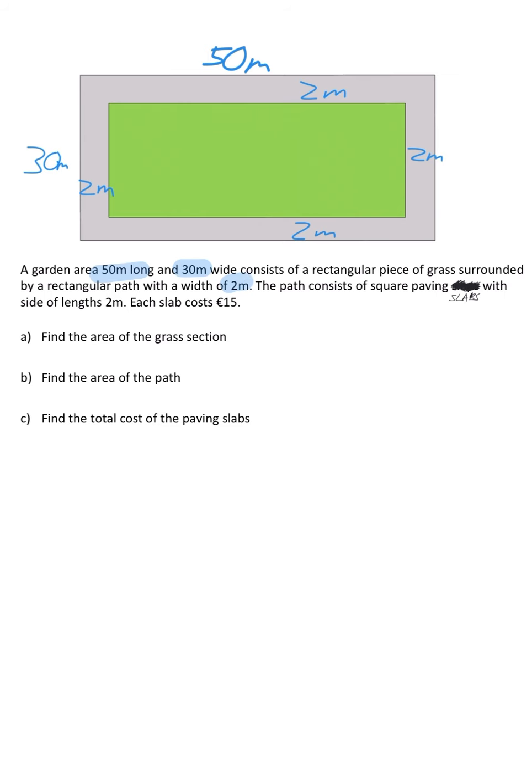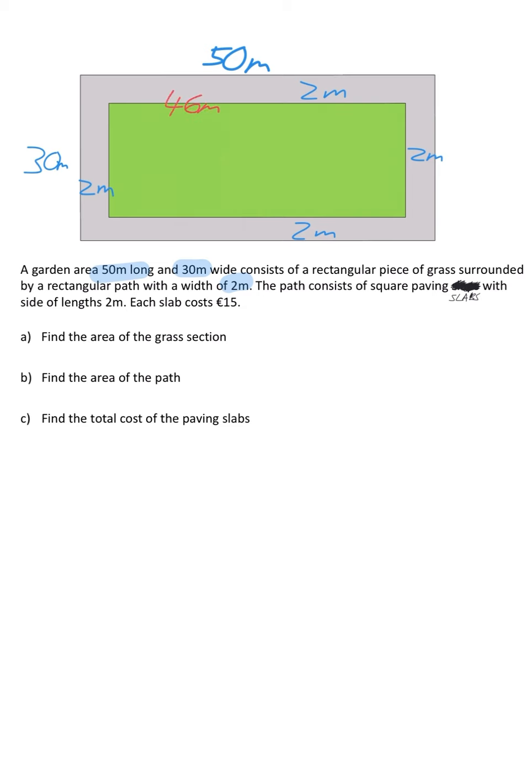Now we need to find the area of the grass section. So I need the dimensions of the grass section now. If the total length of the whole garden is 50 meters, and then the path is 2 meters and 2 meters either side, so take the dimensions of the path away from 50. So 50 minus 2 and 2 will leave me with 46 meters.